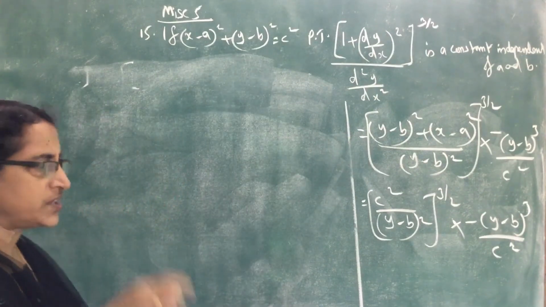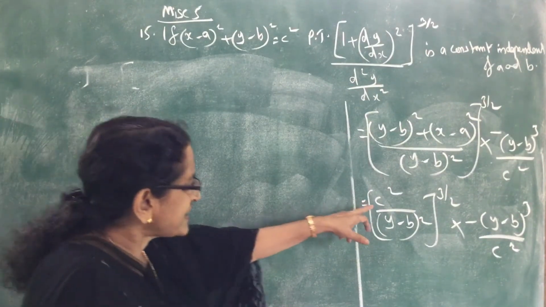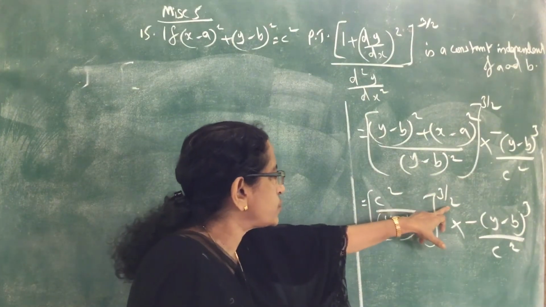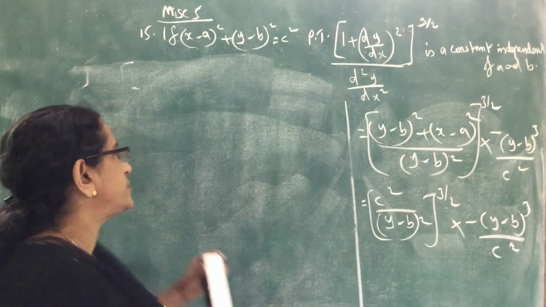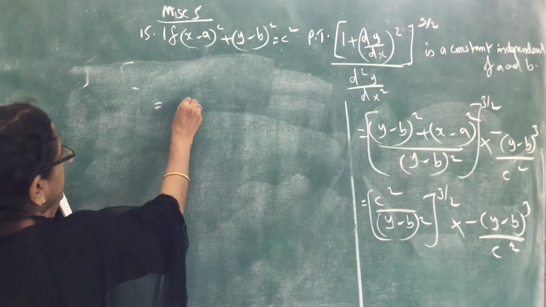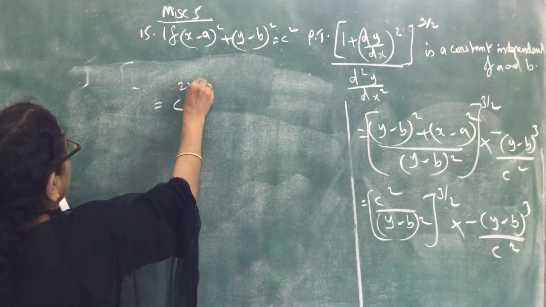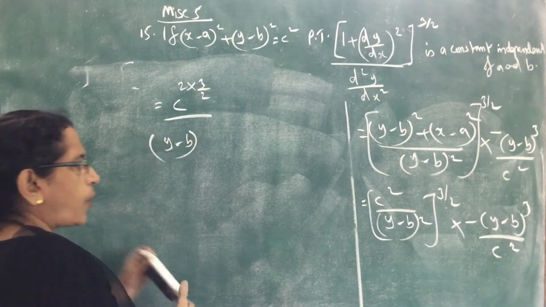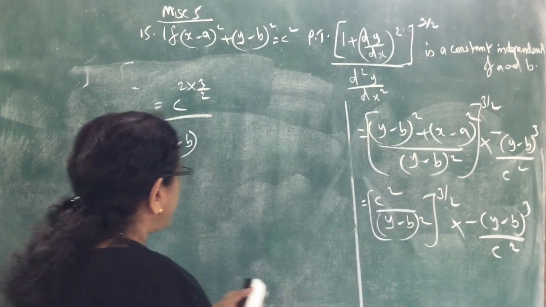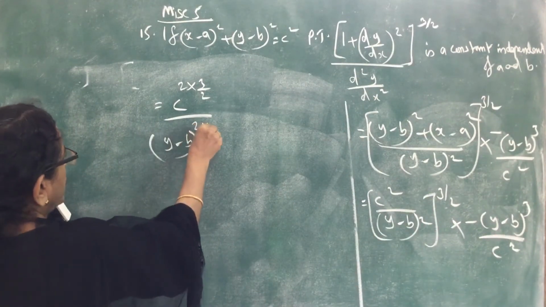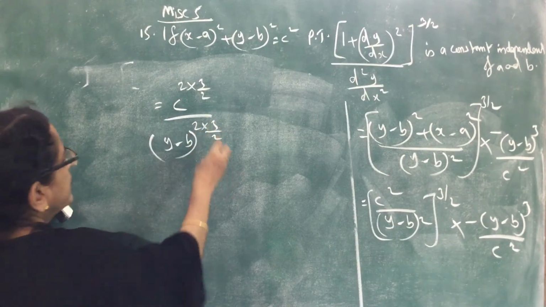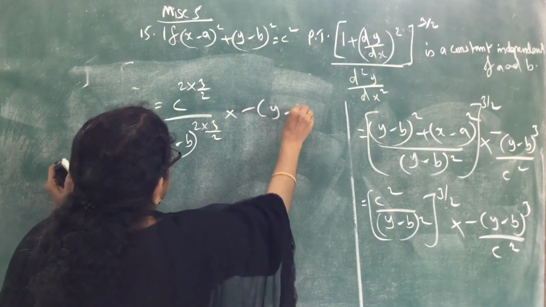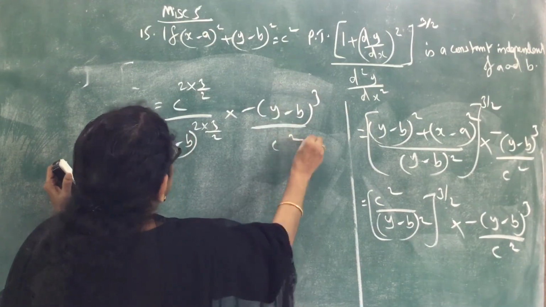See, what is c square all raised to 3 by 2? That is c raised to 2 into 3 by 2, divided by (y minus b) whole square whole raised to 3 by 2, that is (y minus b) raised to 2 into 3 by 2, into minus (y minus b) whole cube divided by c square.